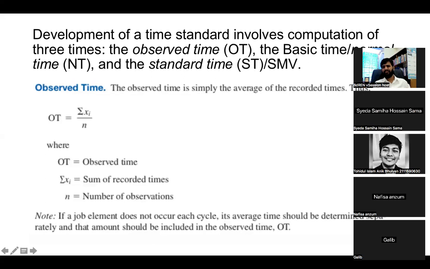There's a formula we learned in the last class to calculate the number of observations. At least you should say that we need to apply a formula. Yes, sir. You cannot take observations without any justification. There is a justification for how many times you will take to know the observed time.